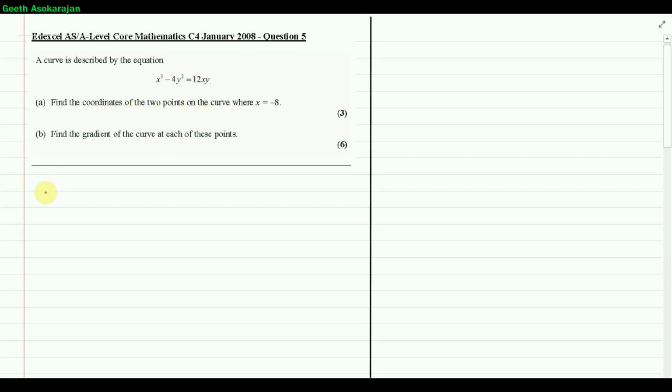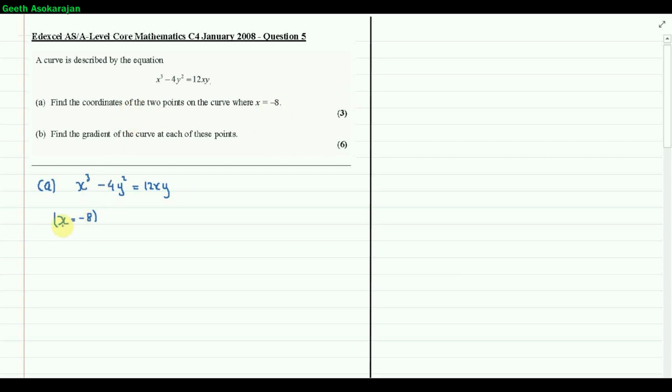So let me copy down the equation. We have x cubed minus 4y squared is equal to 12xy, and we have this value of x which is minus 8. To find the coordinates, we not only need the x but we need the corresponding y.